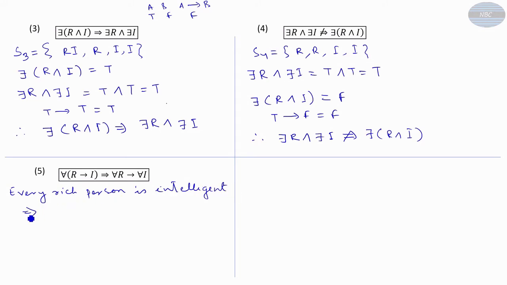Which is valid. All are rich, or if all are rich, then all are intelligent.